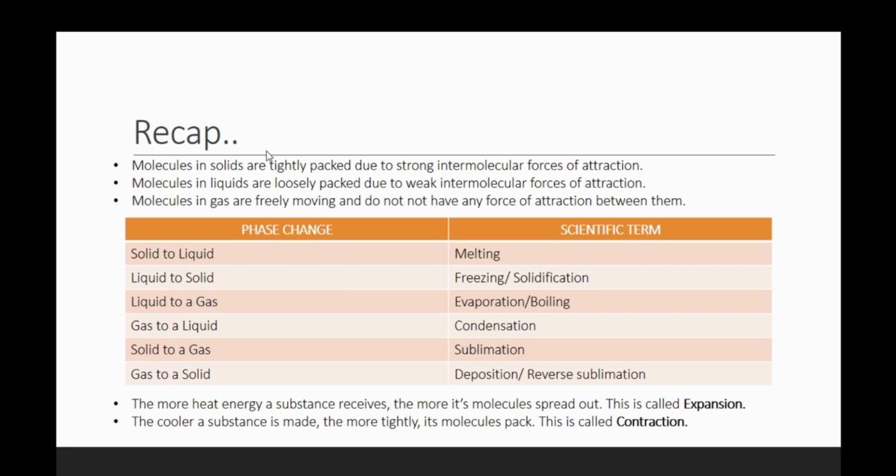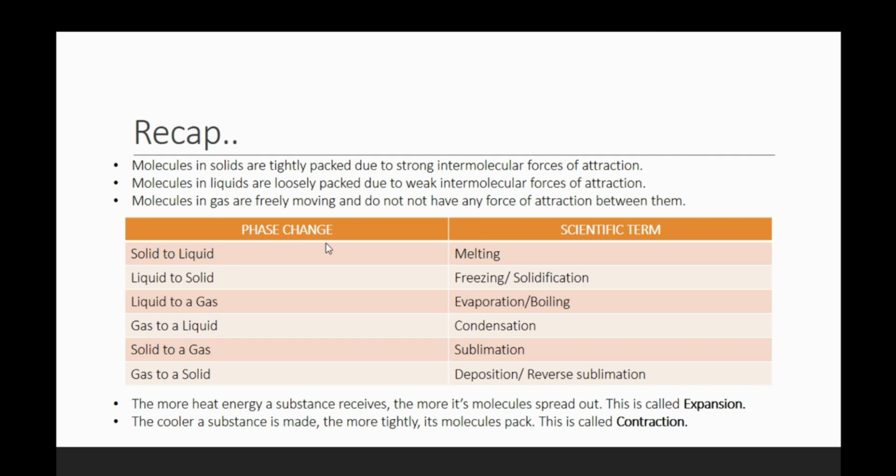In solids, the molecules are tightly packed because of strong intermolecular forces of attraction and repulsion. In liquids, the molecules are loosely packed due to weak intermolecular forces of attraction and stronger intermolecular forces of repulsion. In gases, the molecules are freely moving and they do not have any force of attraction between them.